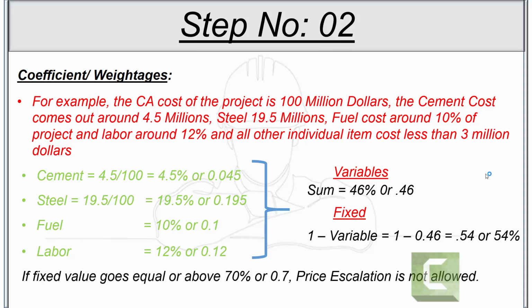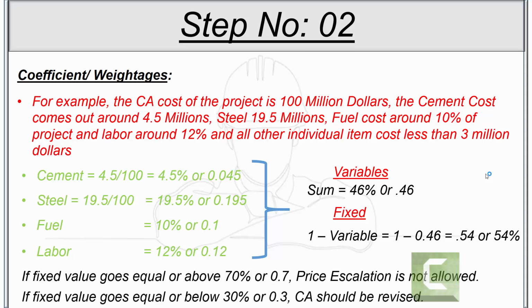So you can't claim price escalation in that scenario. And if the fixed value is equal to or below 30%, it means the market fluctuates too much. So in that case, the contract should be revised. So you can only claim escalation between 30 and 70%.